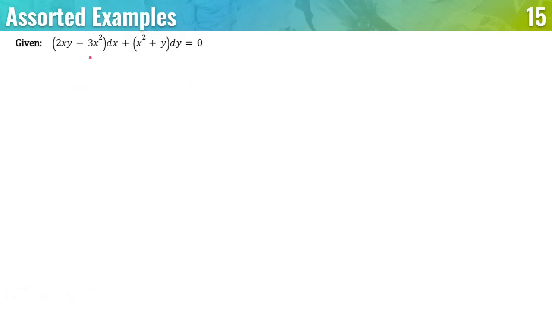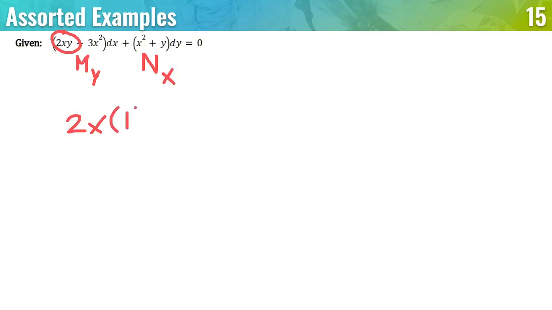So next is time to try the test for exactness. So you get m with respect to y and n with respect to x. Looking at the terms with y here, the only thing we're interested in is 2xy. So 2x gets treated as a constant and y is the one that gets differentiated.